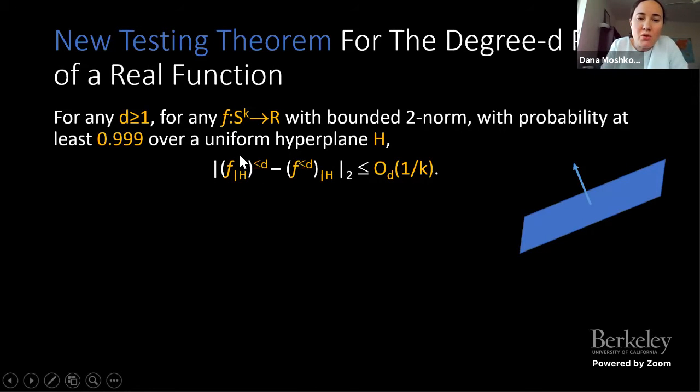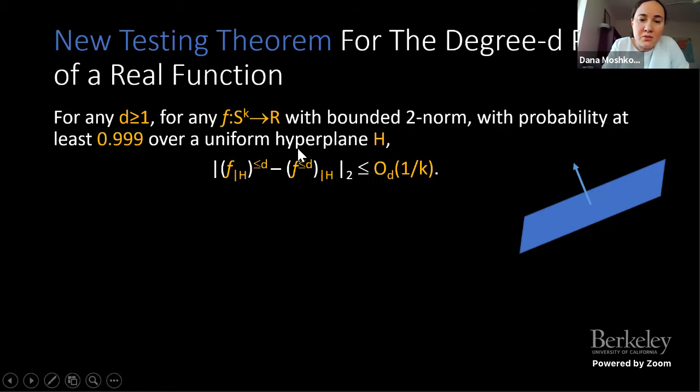So this is kind of a local view of the function. You only consider what the function is on the restriction to a random hyperplane H. And you can also ask what's the global degree D part of the function. This is what's written here.